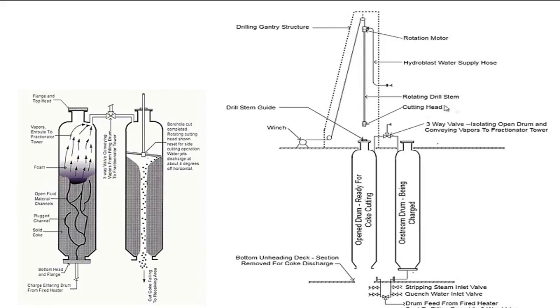High pressure water is supplied together with the drill stem. When this stem passes into the drum here, the cutting head expands just like that and rotates to cut the coke out of the drum to the coke pit down below.